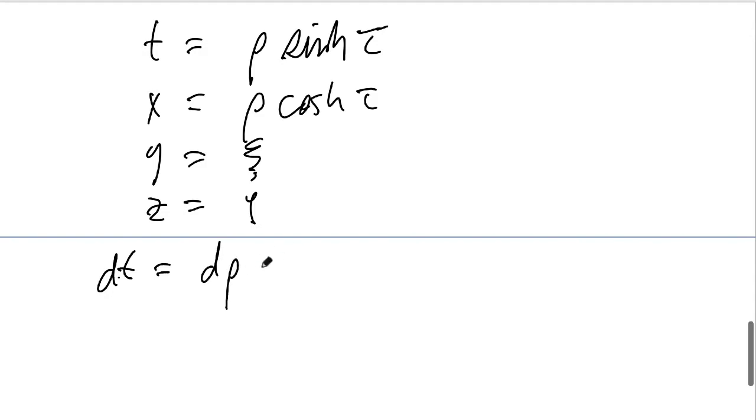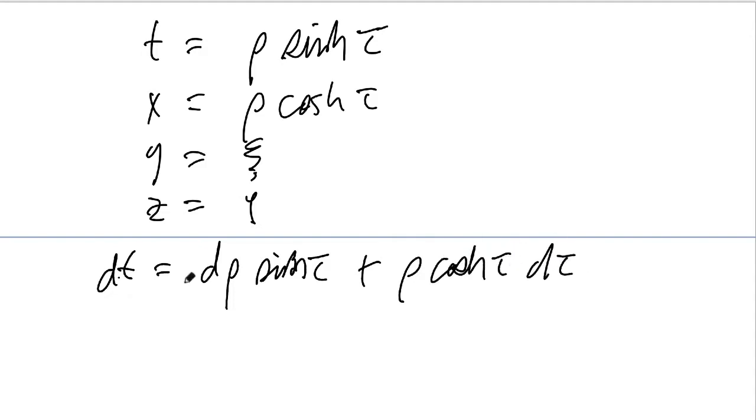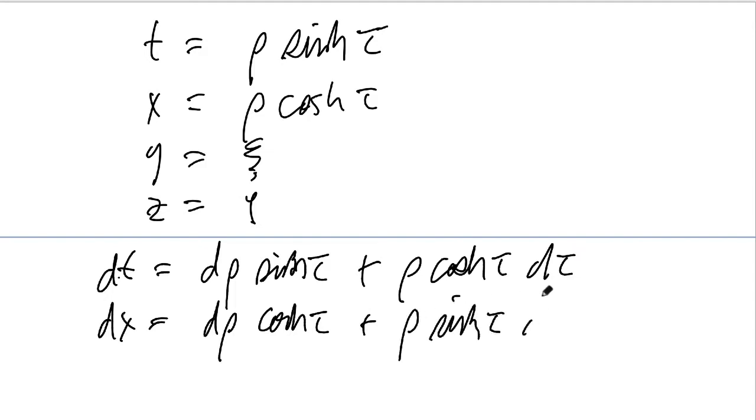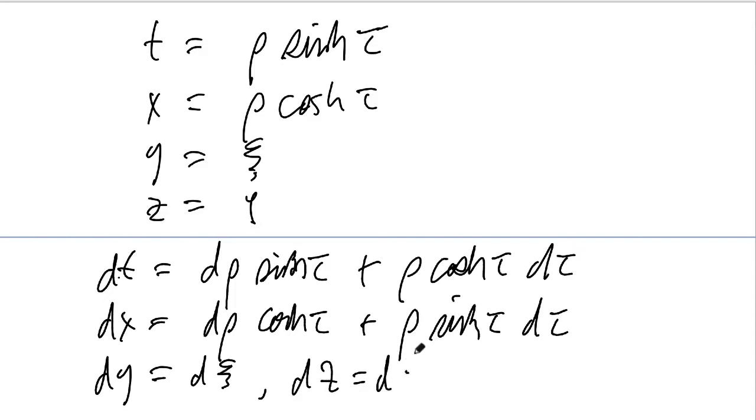That would be d rho times sinh tau plus rho times cosh tau d tau. dx is d rho cosh tau plus rho sinh tau d tau, and so forth. dy is d xi, and dz is d zeta.